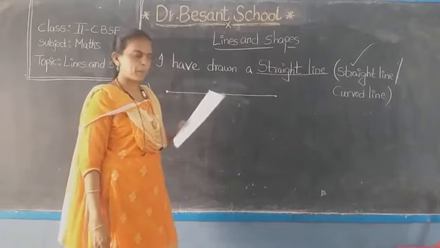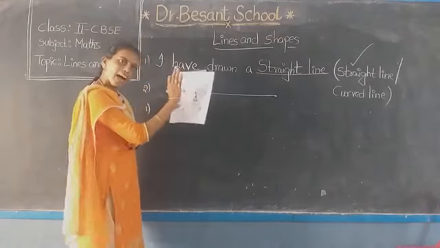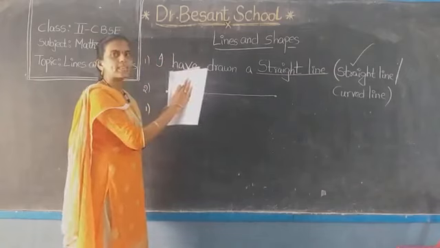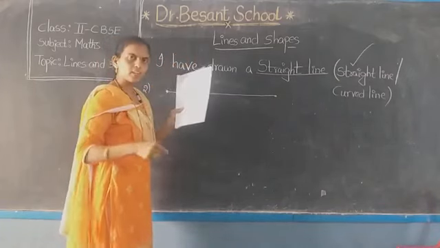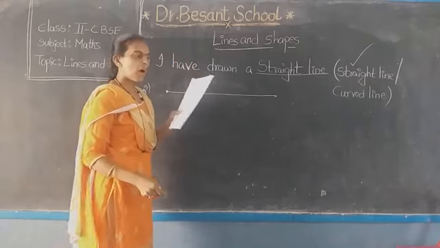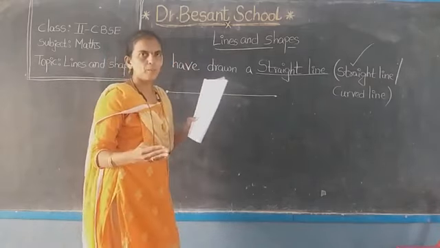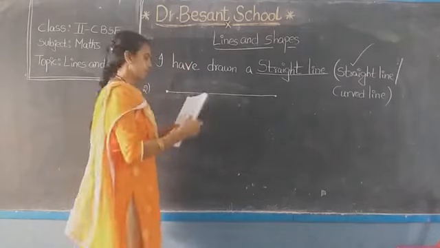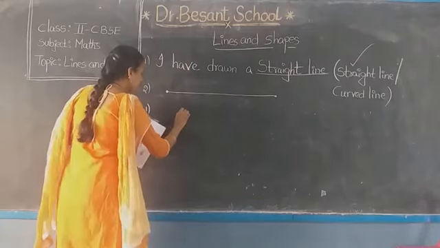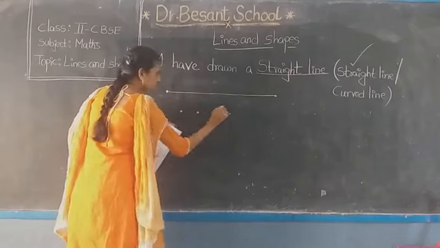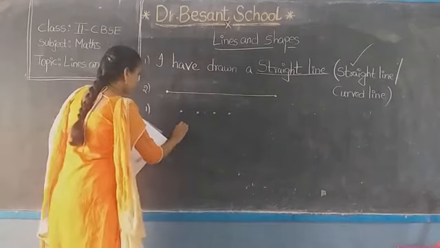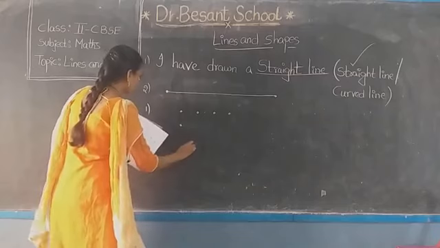They have given so many points here in your book. You have to draw in this book itself, holding the scale, the straight lines. How many can you draw? For example, they have given dots like this.